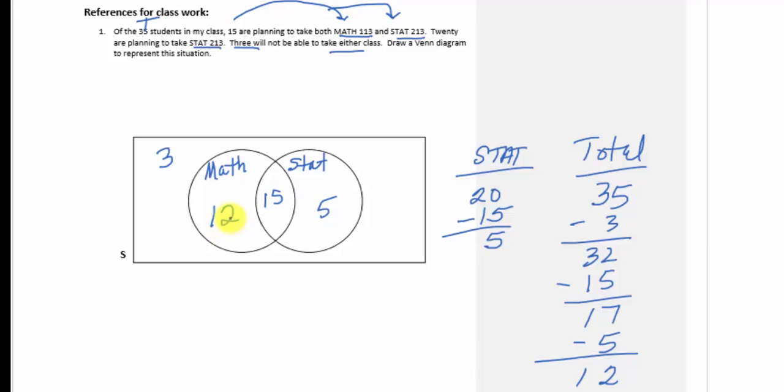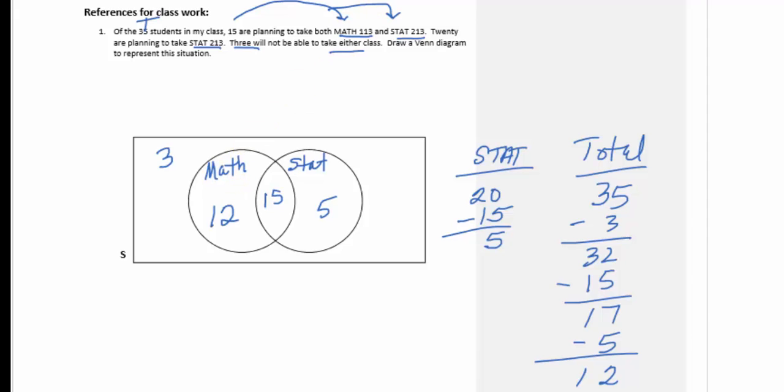Complementary events would be something like students who are taking math versus students not taking math. So if we have the event of math, 12 plus 15 would represent the students who are taking math, but the complement of this event math would be the students not taking math.